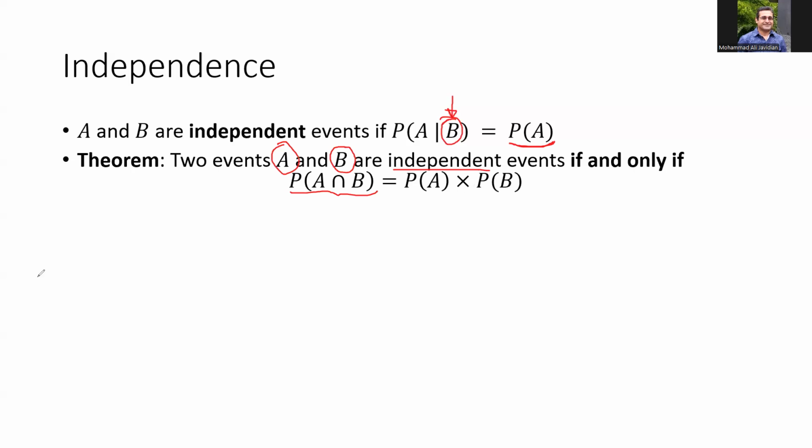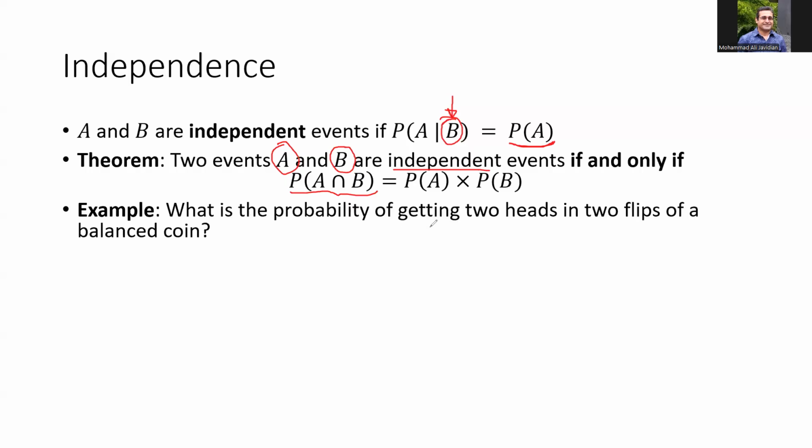For example, what's the probability of getting two heads in two flips of a balanced coin? The probability of the first one is 1/2, because we have only two possibilities and the coin is balanced. So 50% is for the first one. And the second one is independent from the first one. So the probability of having a head for the second flip is also 1/2.